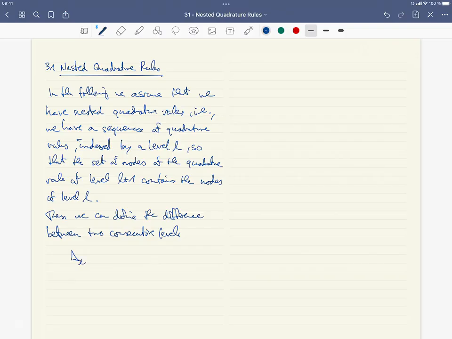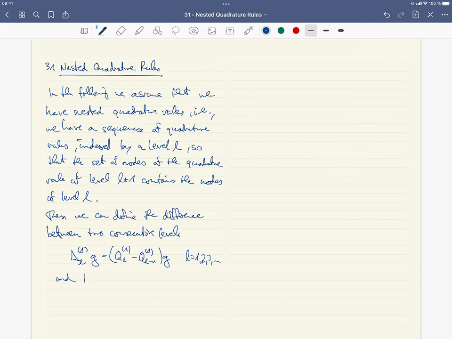So I'm going to call this delta L, upper index for one dimension, G, and this is just the Lth one-dimensional rule minus the L minus first one-dimensional rule applied to G. We do this for all L, starting at 1, 2, 3, and so on.